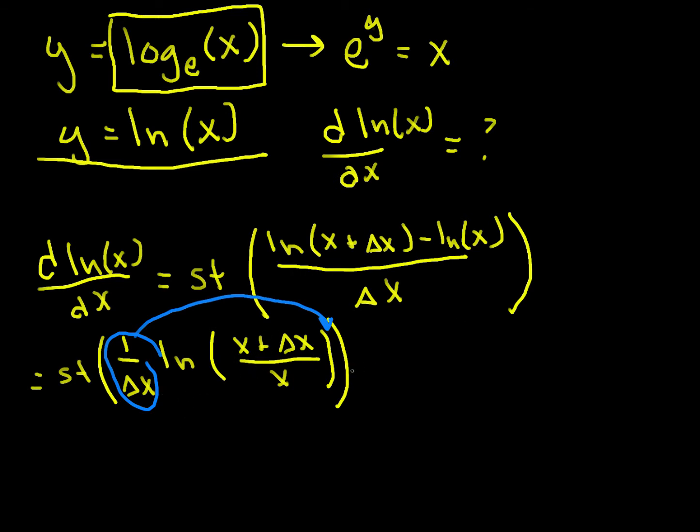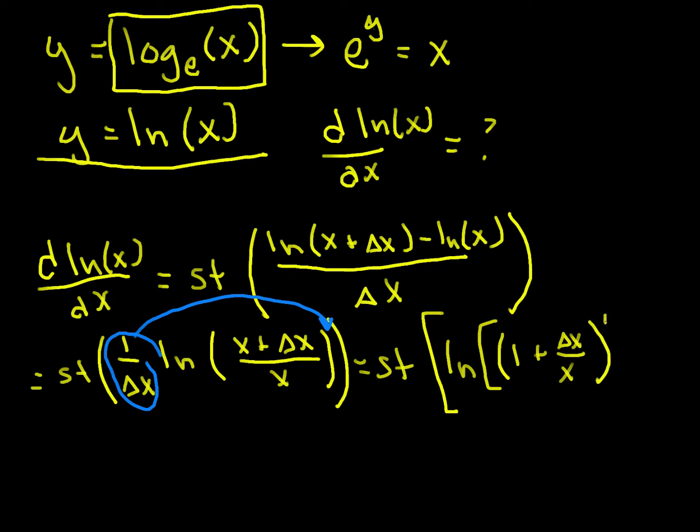And so this is equal to the standard part of the natural log of 1 plus delta x over x, all raised to the 1 over delta x.